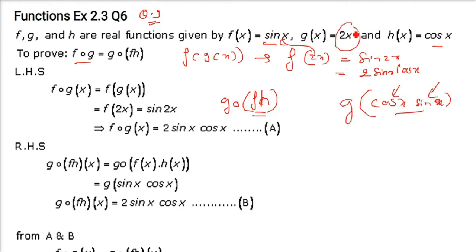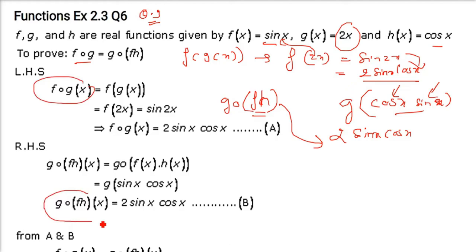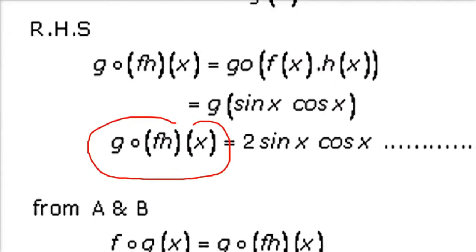Now you have to put it inside g(x), which is 2x, 2 into x. So just put it here, 2 sin x cos x. Now this is 2 sin x cos x because it was sin 2x, and this is also 2 sin x cos x. So both are same. For f operation of g is equal to g operation of fh. They both are same. You write it like this: f of g(x) is g of fh(x).